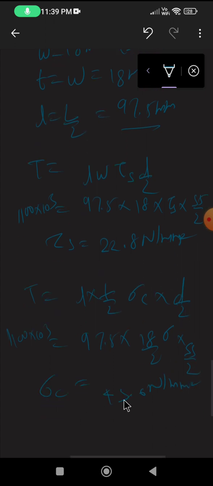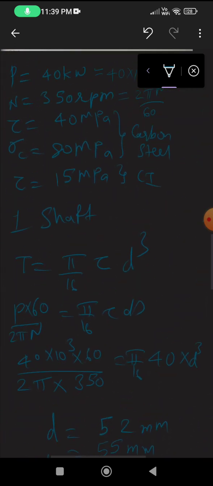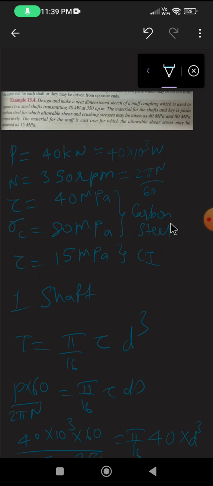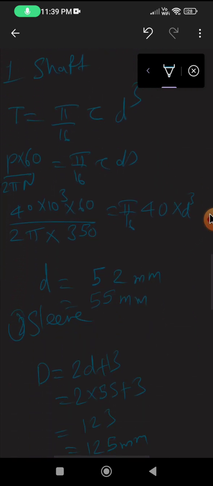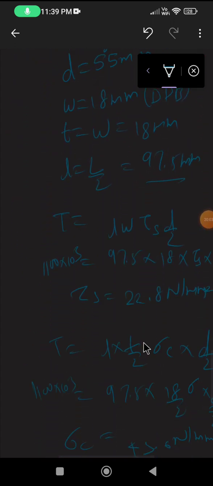So the crushing stress sigma c we got is 45.6, which is less than the allowable stress of 80 megapascal. So we can conclude from this that this is a very safe design.